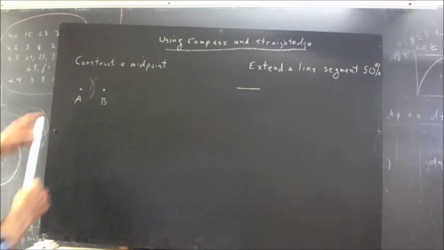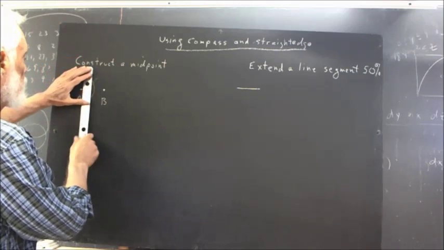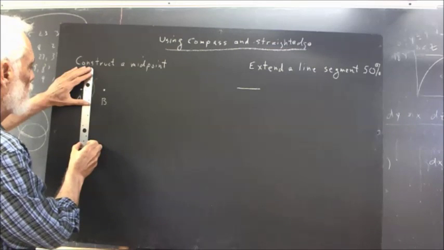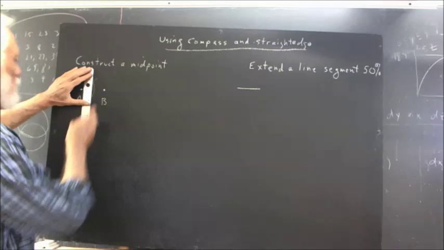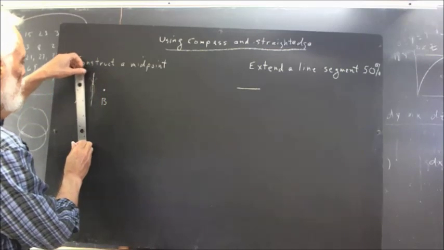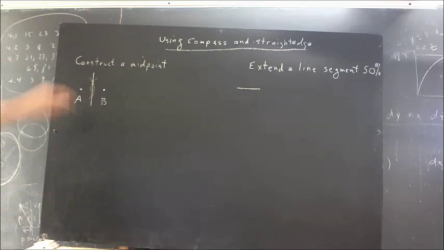And now I'm going to, as accurately as I can with what I've got, construct a line through the points of intersection of those two circles. Now this should be familiar to you from the proof that we just did.